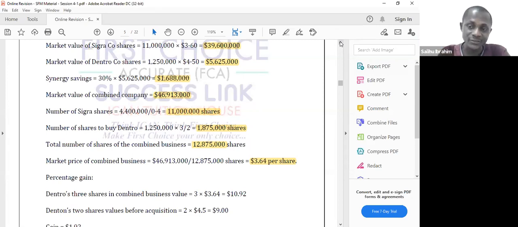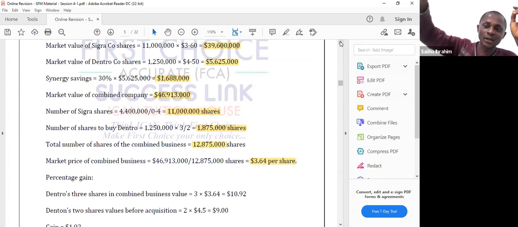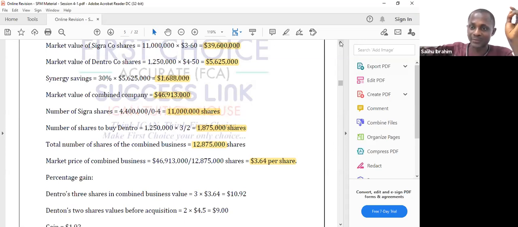But if it is price earnings ratio, dividend yield, or earnings yield, the post-acquisition market value is the addition of the market price of individual companies plus any expected synergy on the acquisition. I'm telling you this so that you know when you should be adding figures together. Please take note.